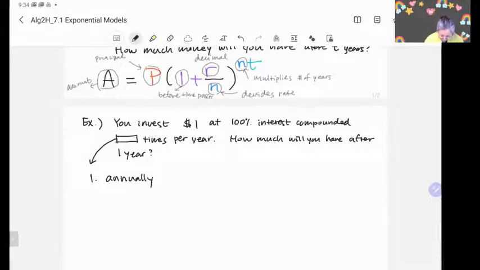So the model will go principal 1 and the formula 1 plus 100% in decimal is 1, so it's 1 over 1 because it happens annually. It's 1 time.